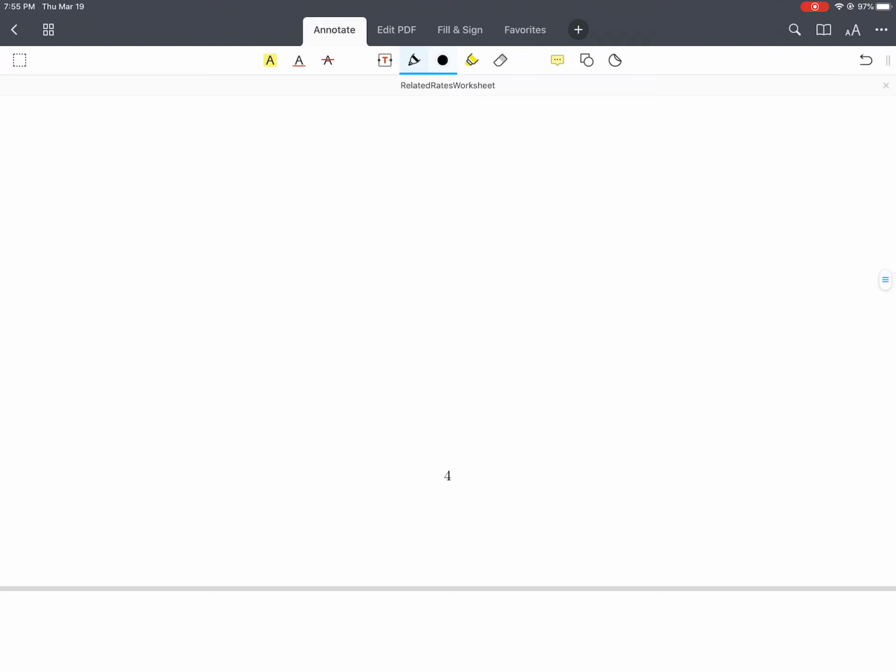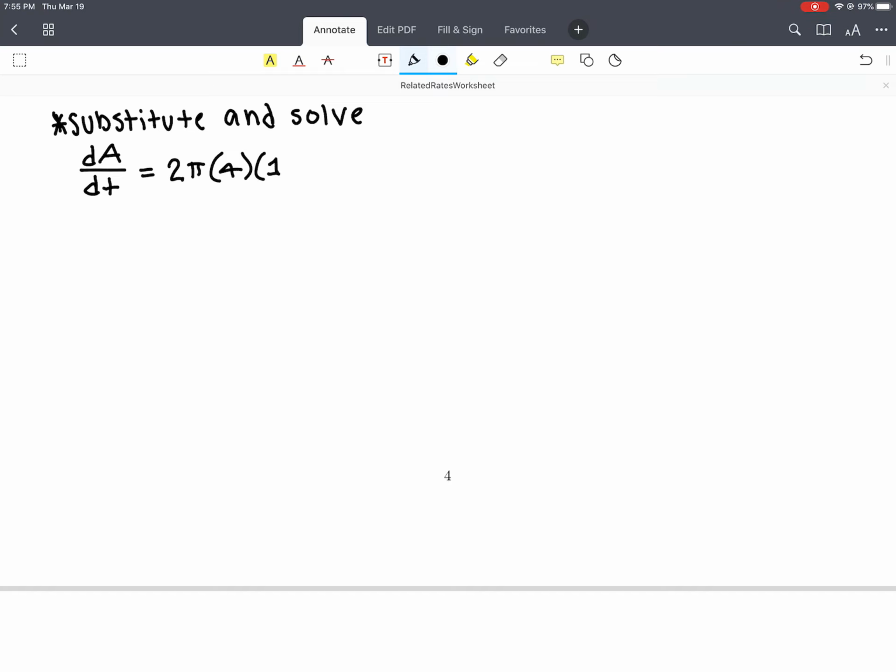So it's time to substitute and solve. We're interested in finding dA/dt. Don't have anything to substitute there yet. That's 2 pi r, which we know is 4, times dr/dt, which we know is 1. So that gives us 8 pi. Put it back in context.